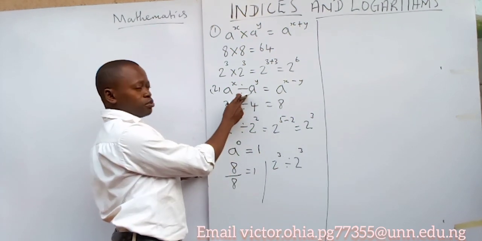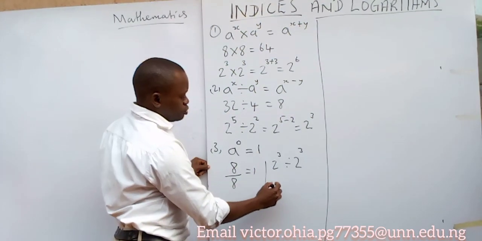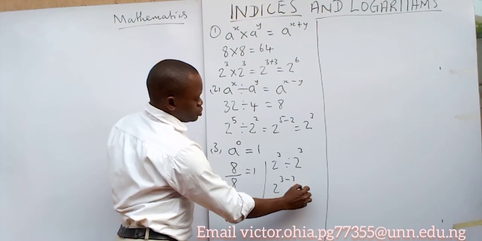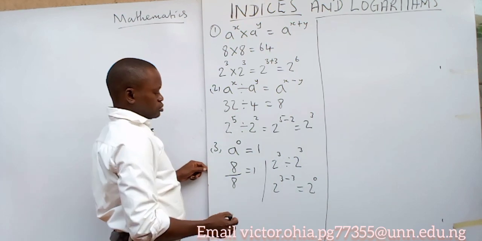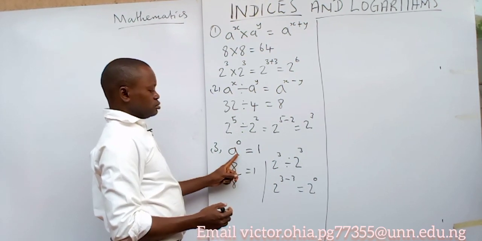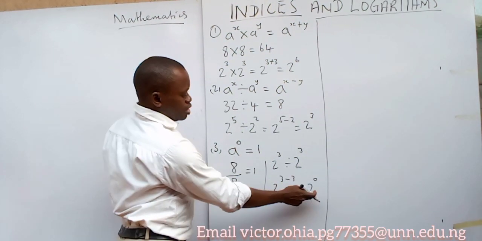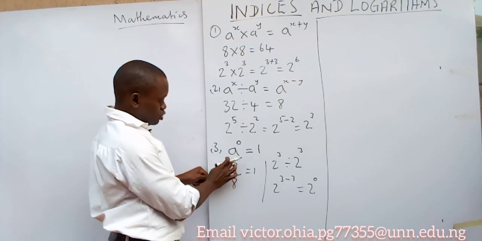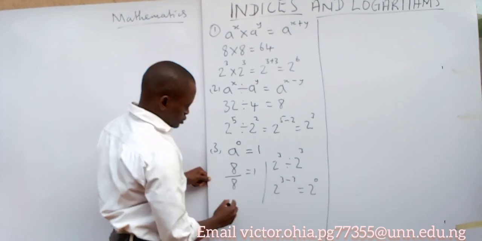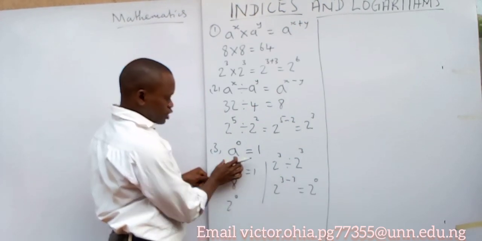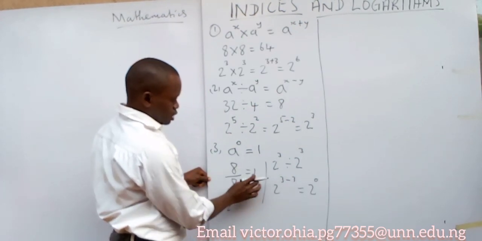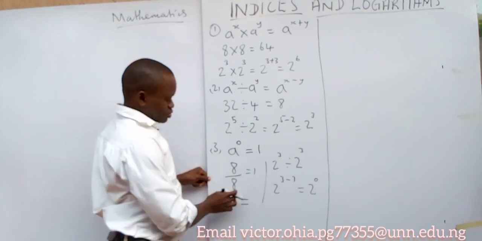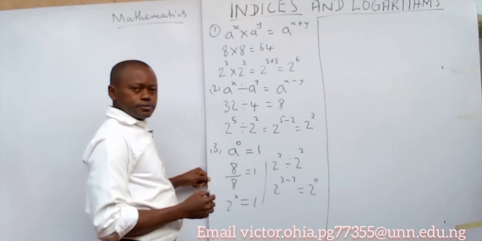Now, by this operation, I have already known that I'm going to say 2 raised to power 3 minus 3, which is 2 raised to power what? 0. Wow. Can we bring this together? If this quantity, 8 over 8, is the same thing as 2 raised to power 0, and 8 over 8 is 1, it then means logically that 2 raised to power 0 is also 1.